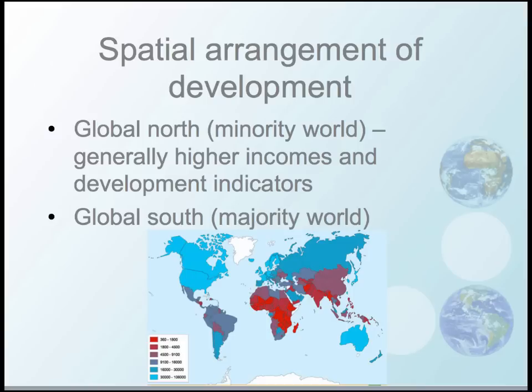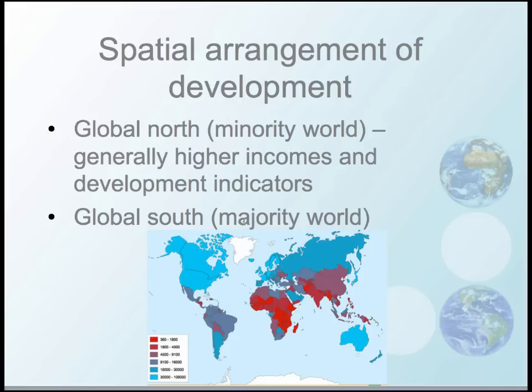When we're thinking about the unevenness of development and wealth throughout the world, there are some broad trends worth noting. You may have heard before the phrases global north and global south. This is referring to the global north, which, while Australia is in the southern hemisphere, it gets included in this measurement.